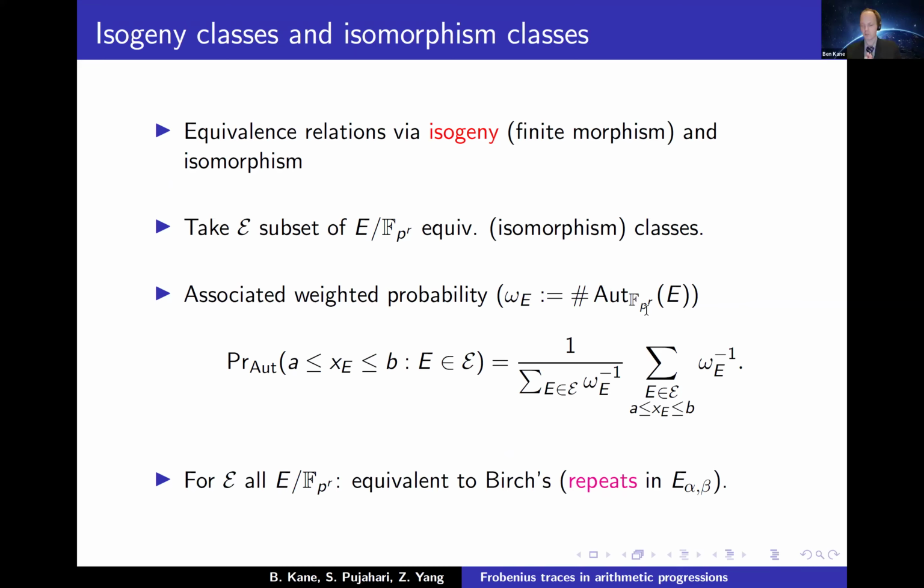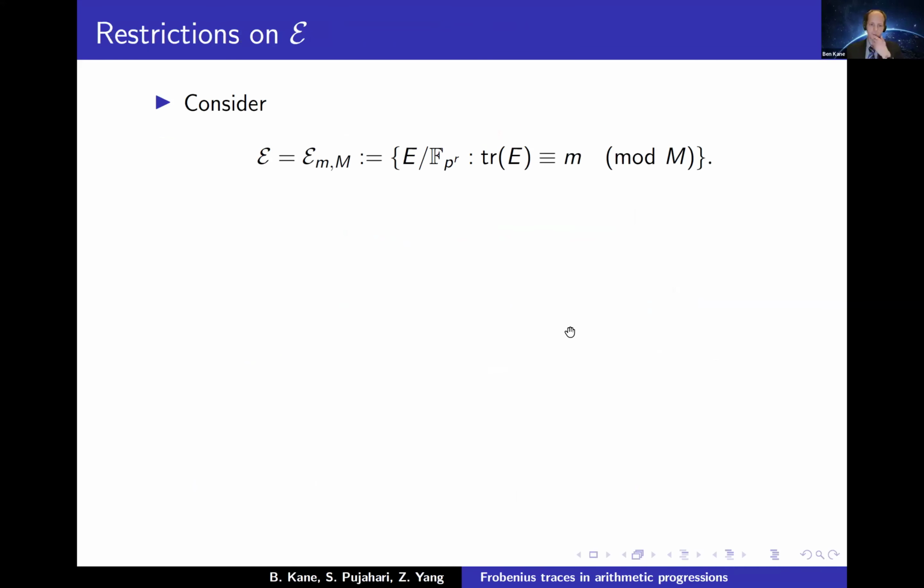So if I take all of the elliptic curves, if I take the subset to be all the elliptic curves, then indeed I'm going to get exactly Birch's case. So I'm really looking at the same thing. The number of times they're repeated is determined by this weighting.